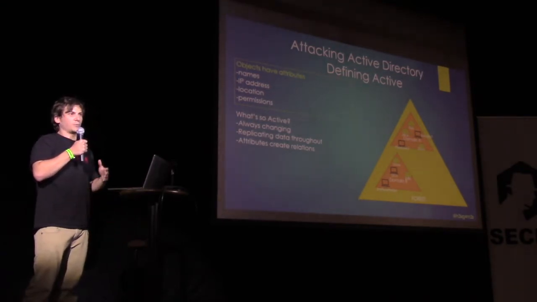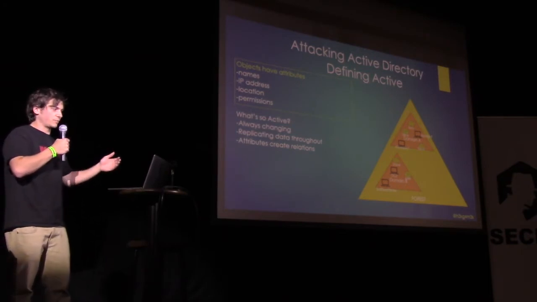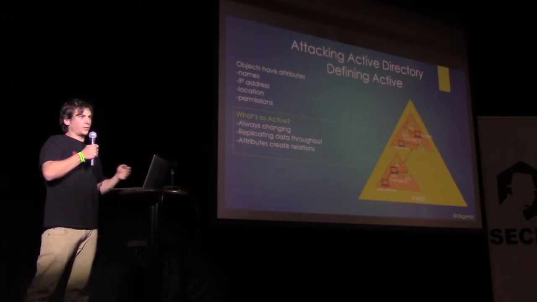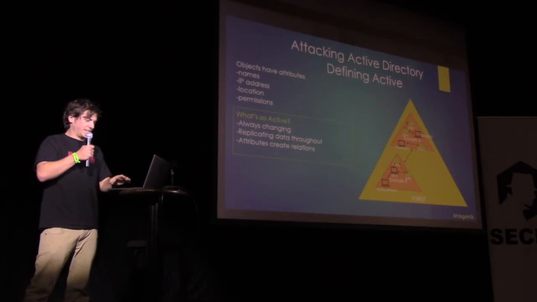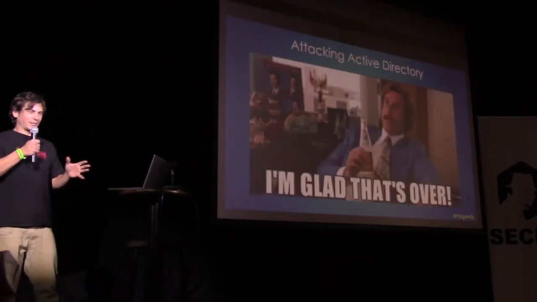If you look up someone at your company and you see their phone number, that's an attribute of their user object. They call it active because it's always changing. All this data is being replicated throughout the whole domain and the whole forest at all times. And all these attributes are creating relationships and groups amongst all the objects. And that's a really bad overview of Active Directory and what it really is.